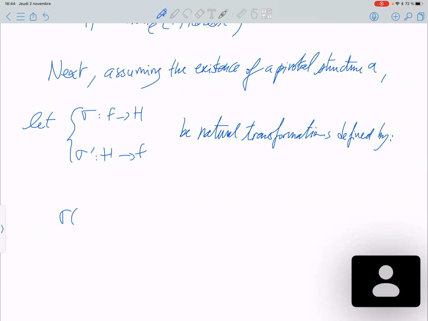So sigma of alpha is like that. It's very easy.